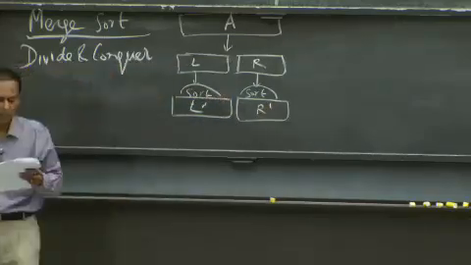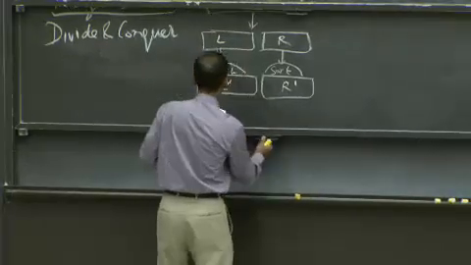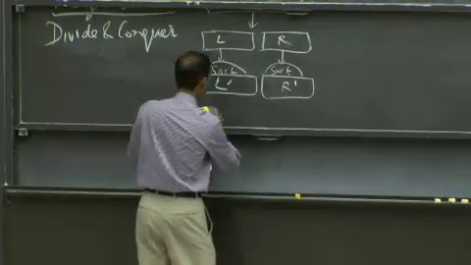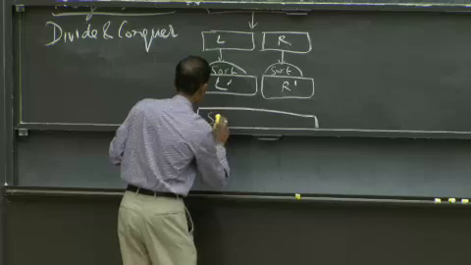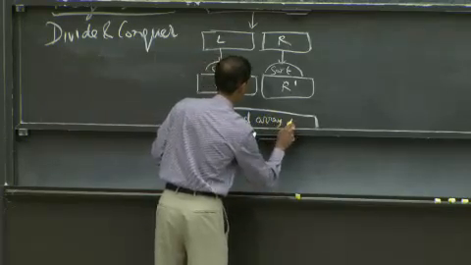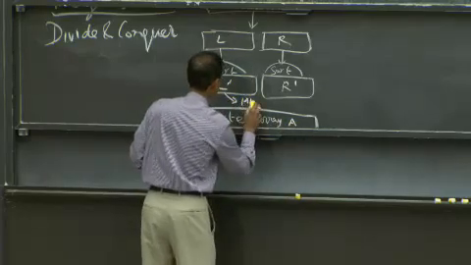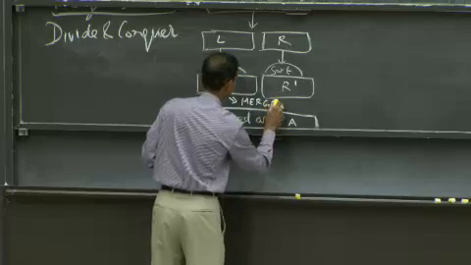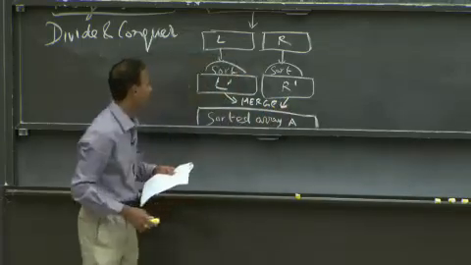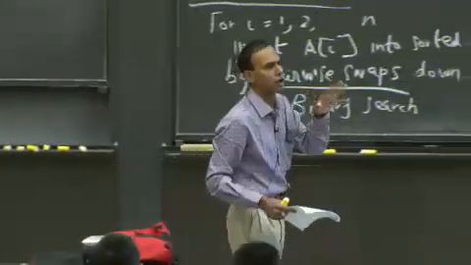So you have L and R turn into L prime and R prime. And what we end up getting is a sorted array A. And we have what's called a merge routine that takes L prime and R prime and merges them into the sorted array.